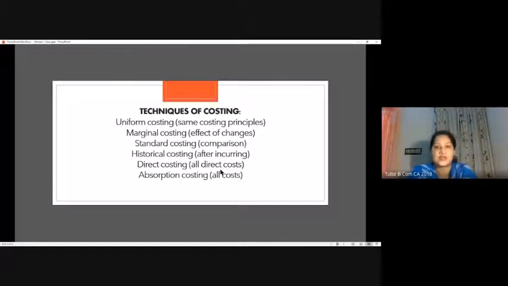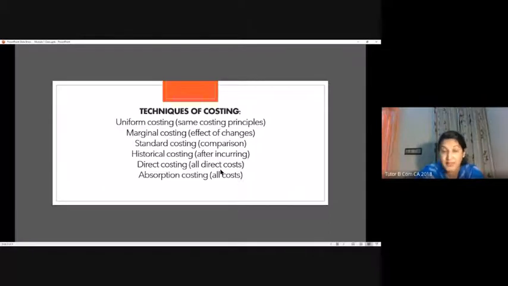Then marginal costing, which I already mentioned; we have a separate module for this. Here what we look into is the effect of changes, and we are more concerned about the variable cost for a particular product, because fixed cost, we know, cannot normally be changed. Of course, in the long run, there can be a change in fixed cost too.